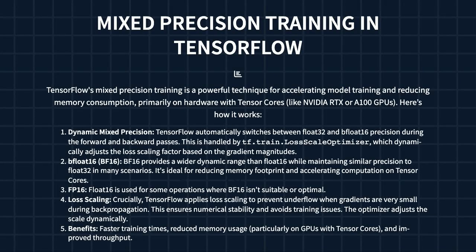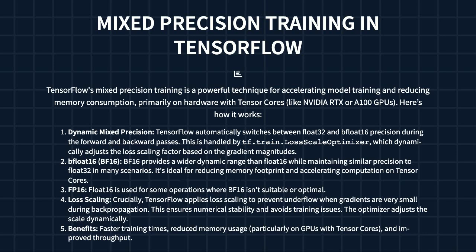Okay, let's talk about how TensorFlow handles mixed precision training. It's a really clever technique that can speed up your models and save memory. Essentially, TensorFlow intelligently switches between different numerical precisions during the training process. It starts with float32 for most operations, but when using hardware like NVIDIA GPUs with tensor cores, it will automatically switch to bfloat16, which is a wider dynamic range format that's great for those cores.